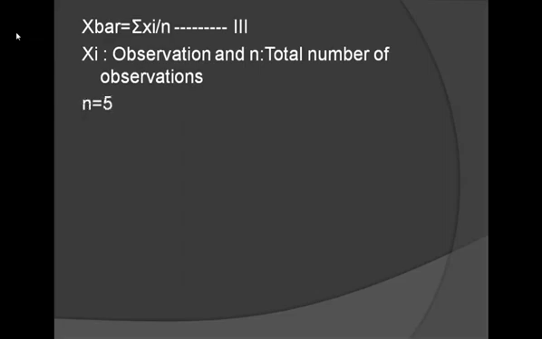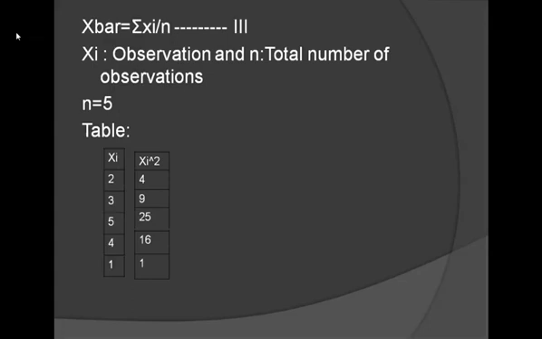For statement number 3, we want summation x of i, and in statement number 2, we want summation x of i square. To find summation x of i and summation x of i square, on the next line we make a table. The table contains two columns. The first column is of x of i. X of i's are the observations, that is our original data, 2, 3, 5, 4 and 1. And the second column in the table is of x of i square.